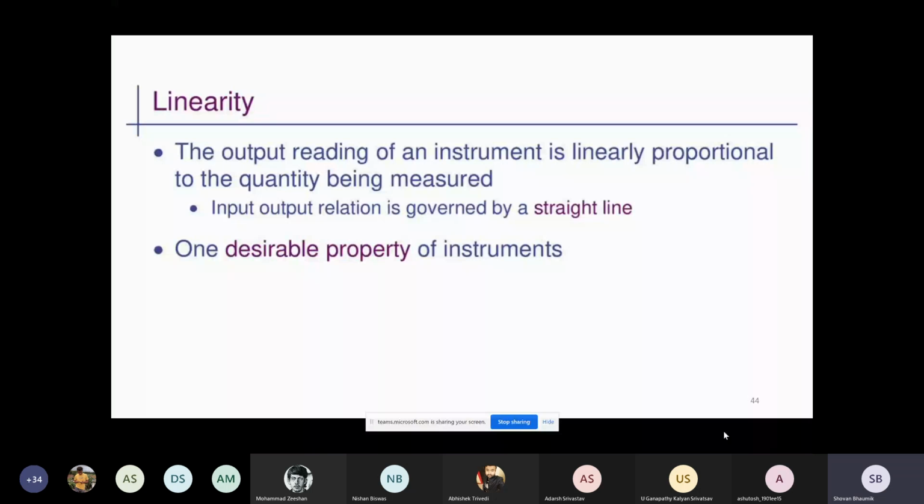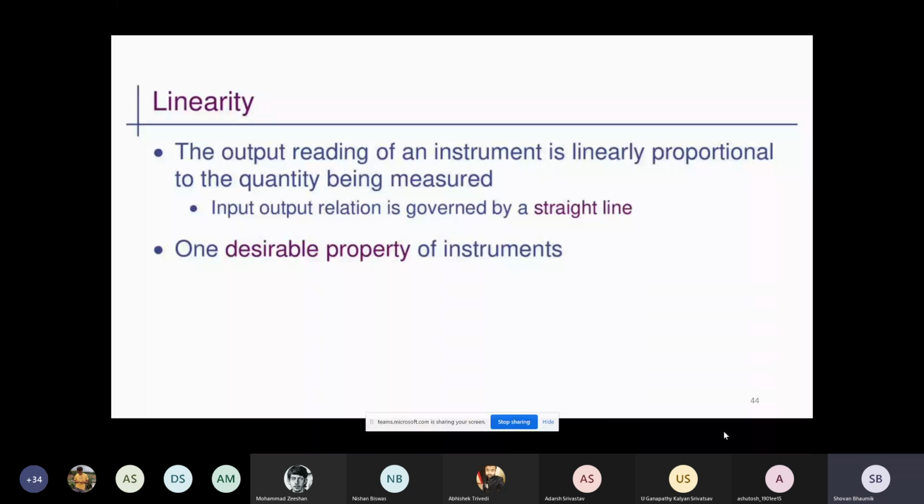Second approach is, okay, nowadays, earlier days, there was no microcontroller, no computer associated with any sensor. Nowadays, almost every sensor has a computer or microcontroller associated with it, because the computing device built into the instrument is becoming very cheap.